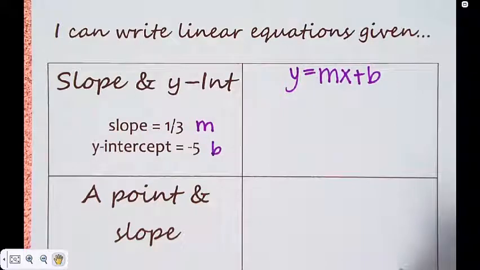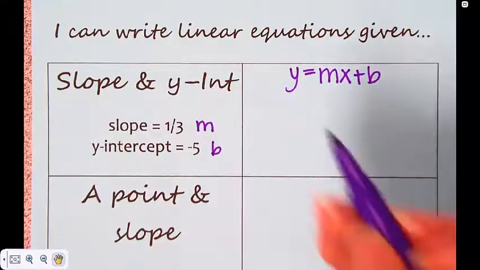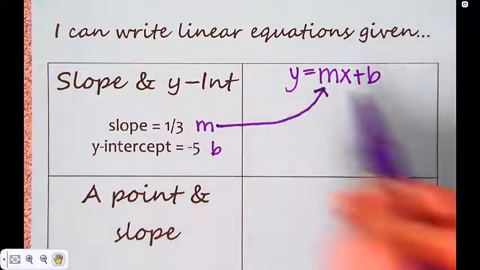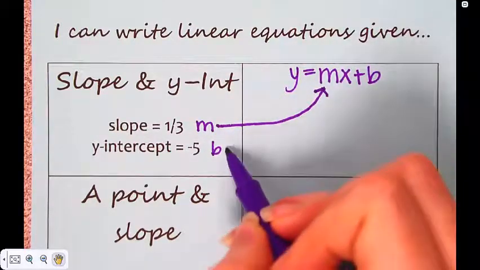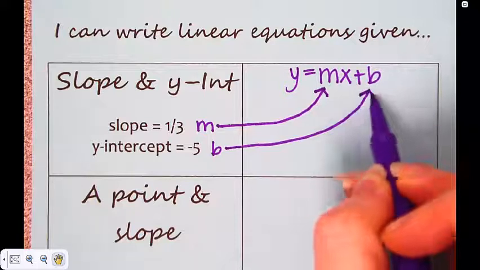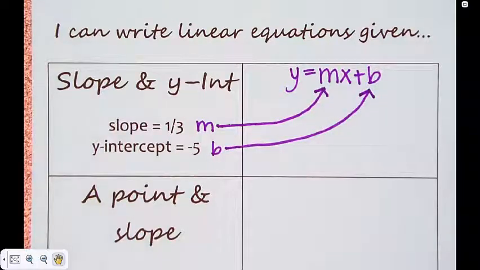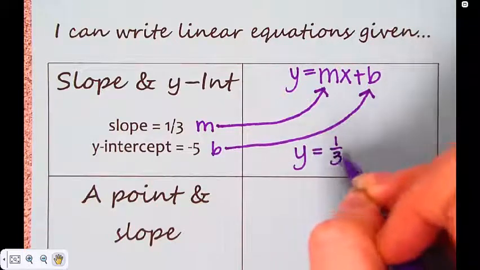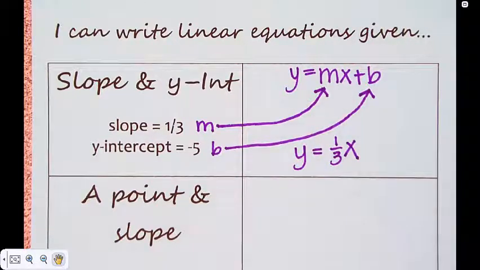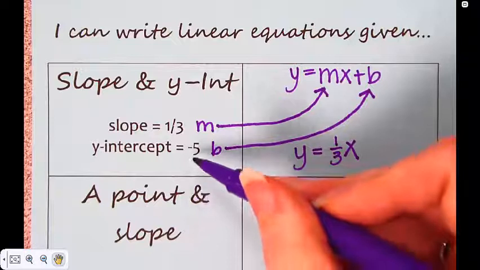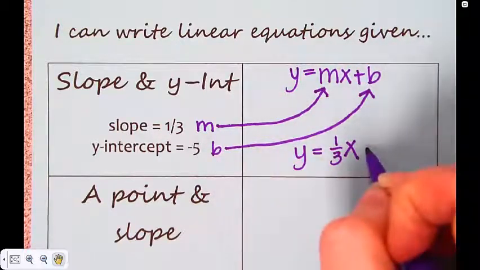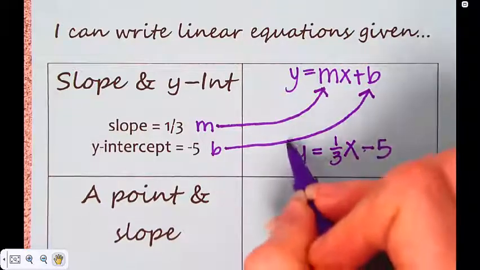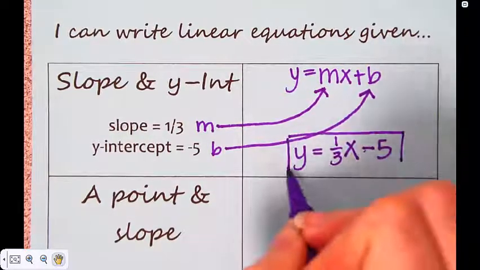So when we're given the slope and the y-intercept, all we have to do is put in our slope number for m and then put in our y-intercept value for b. In this situation, our equation would be y equals 1/3 times x, and then we have a minus 5 as our y-intercept. So instead of a plus b, we're actually going to put minus the 5. And there's our equation of our line.